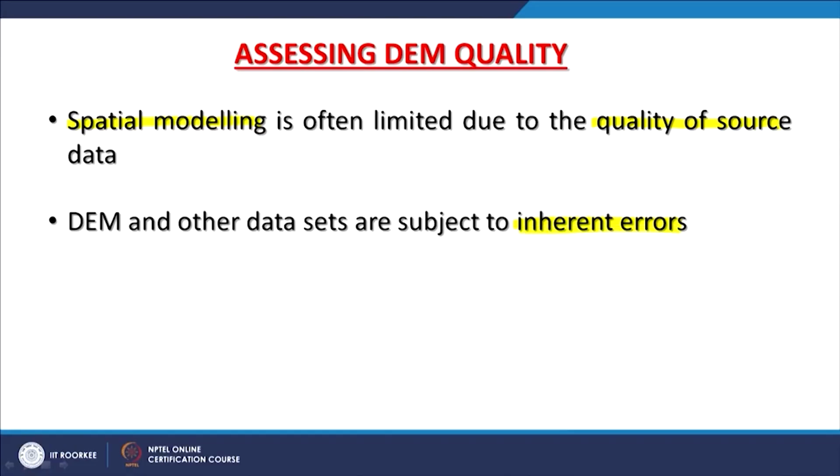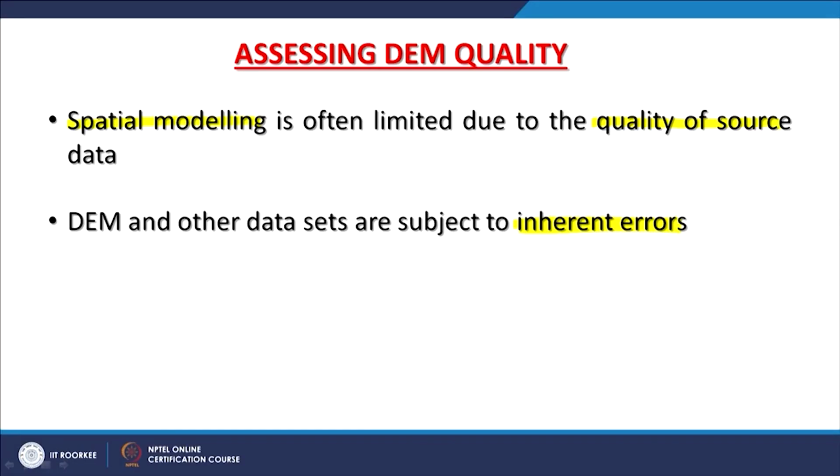So whenever we go for spatial modeling employing digital elevation models, and one of the major sources of information is our digital elevation models, we must assess the quality. First, inherent errors, because there can be various types of errors. So first we have to assess the inherent errors, and there might be errors during processing.